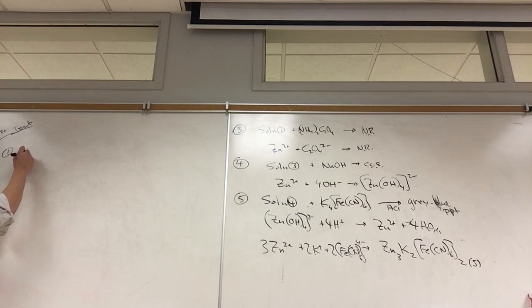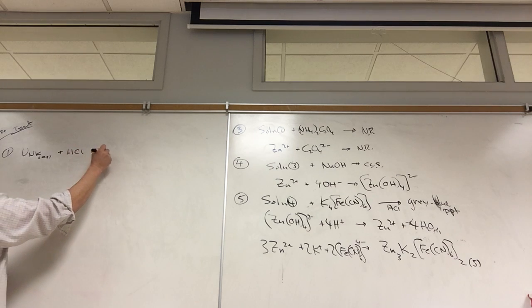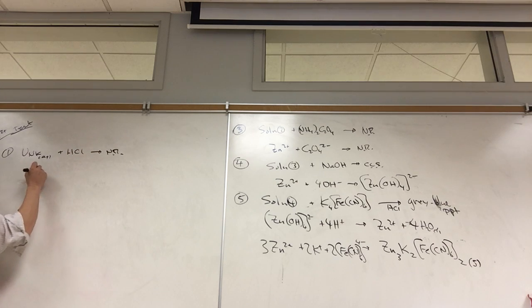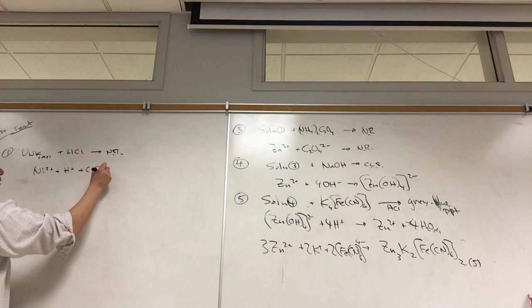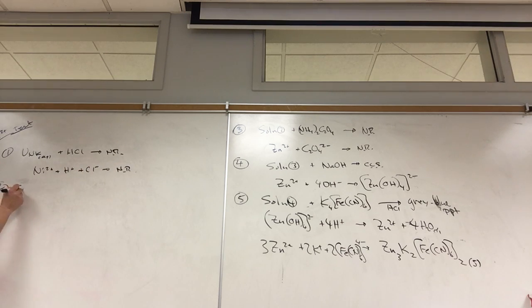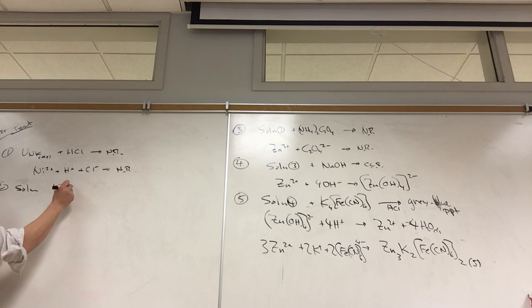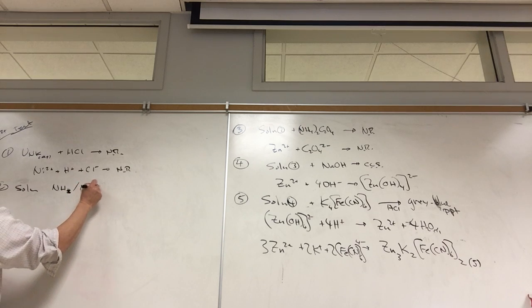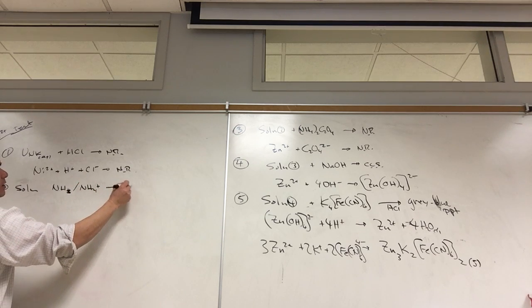So if our original unknown has nickel in it, and we add the HCl, we get NR. Ni2+ won't react with H+ nor chloride. Therefore, nothing happens here. Then we'll take the solution and add the ammonia/ammonium to this, and we get NR.